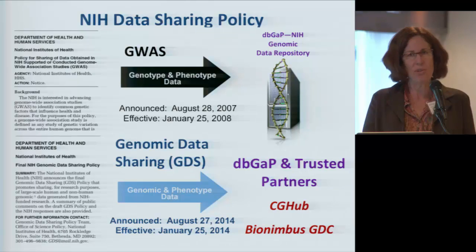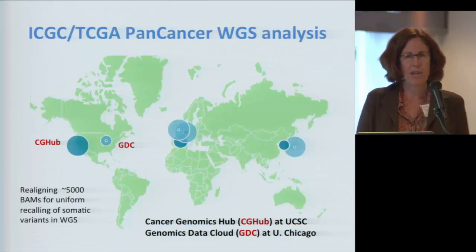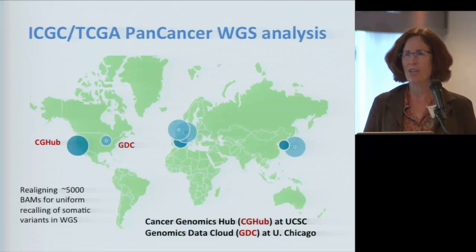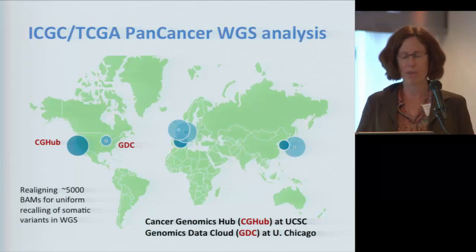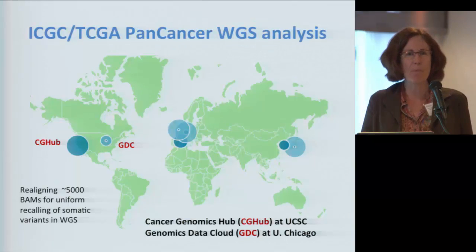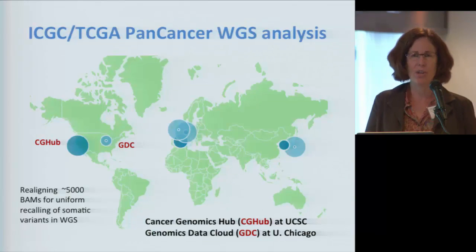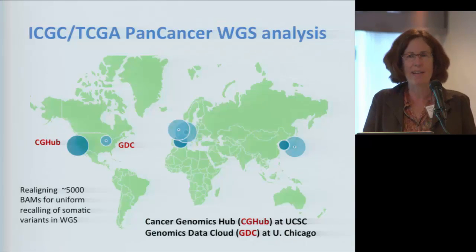Just to place those in context, here's a map, and the theme I'm trying to illustrate here is expansion and growth, and some of the things that motivated the need for changing the GWAS policy to encompass more in the genomic data sharing policy. Here you're looking at the two trusted partners, which are the places besides dbGaP that are allowed to hold controlled access genomic data: the UC Santa Cruz CG Hub and the GDC at University of Chicago.